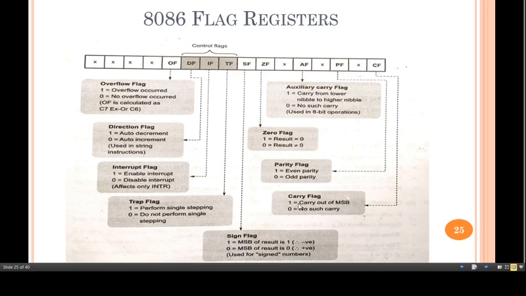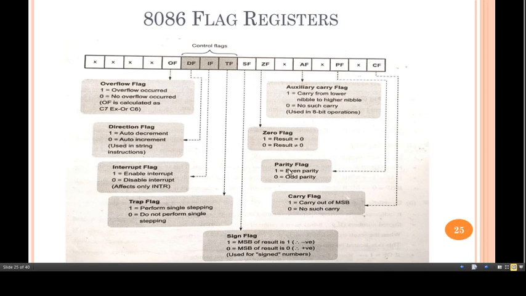So carry flag, CF. This flag bit can be either 1 or 0. Whenever there is a carry out from the MSB in case of addition or a borrow in case of subtraction, the carry flag bit is set, and if there is no such carry, the bit is 0. After that there is the parity flag, PF.